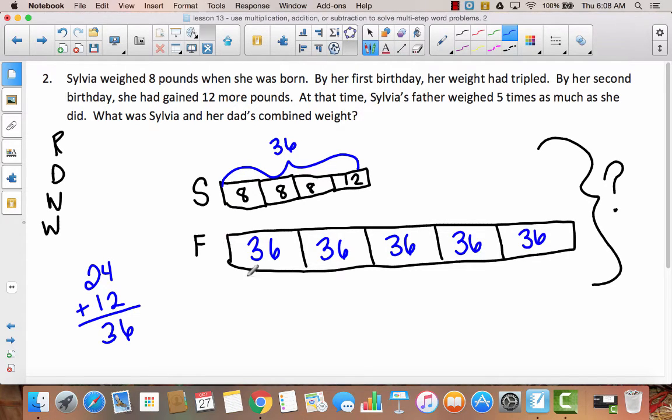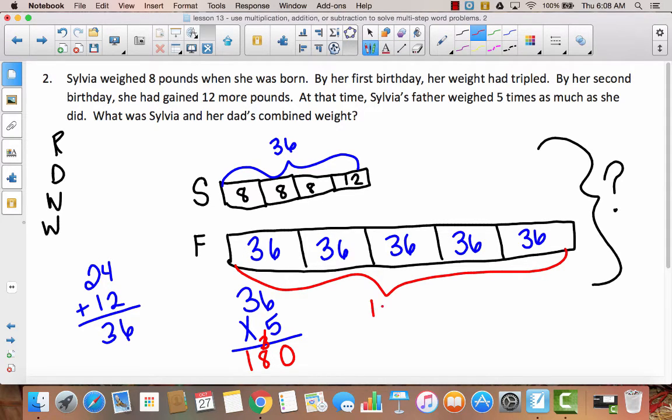So I could add 36 5 times, or I could just use multiplication algorithm and do 36 times 5. So 6 times 5 is 30. 3 tens times 5 is 15 tens, plus these 3 tens gives me 18 more tens. So now I know that her dad weighs 180 pounds.